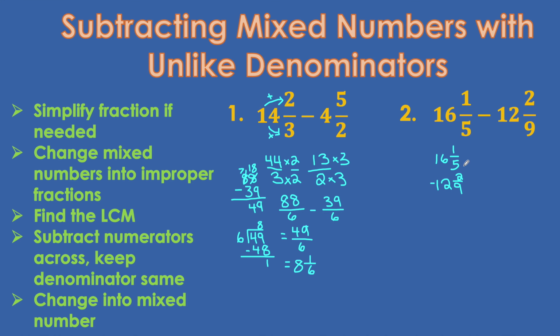First thing you would do, see if any of the fractions can be simplified. Neither of them can, so you're just going to find the LCM between 5 and 9, which would be 45. So multiply the numerator and denominator of the second fraction by 5 and multiply numerator and denominator by 9 of the first fraction.